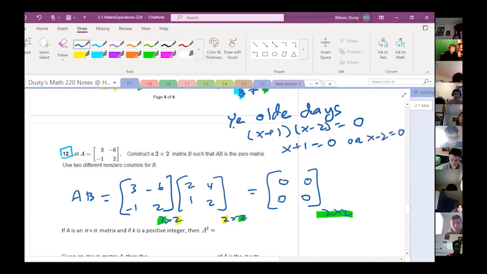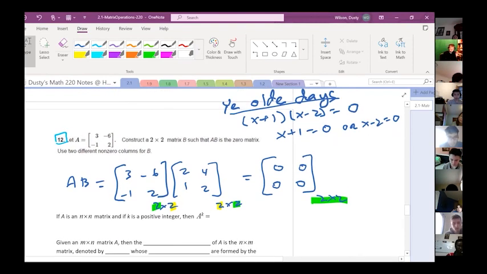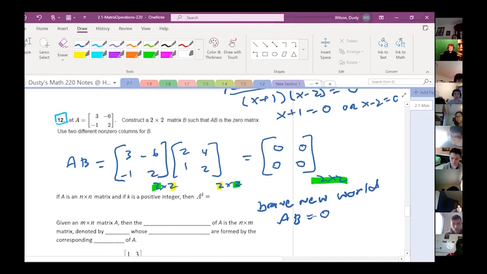That's what happened in the old days. But now, in our new world, in our brave new world, we have A times B equals 0, and yet A doesn't equal 0, and B doesn't equal 0.